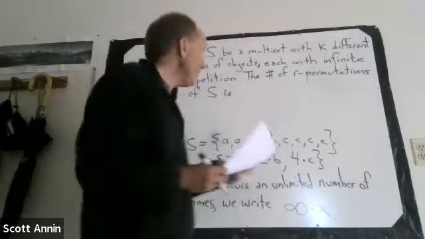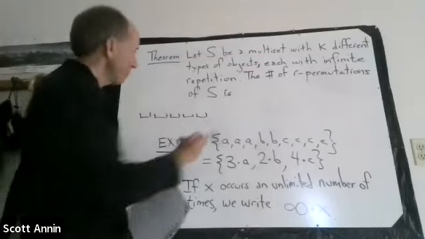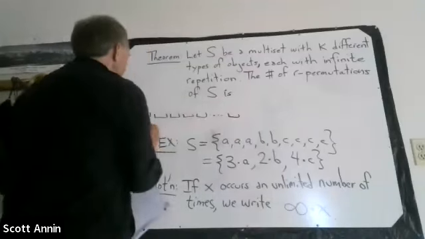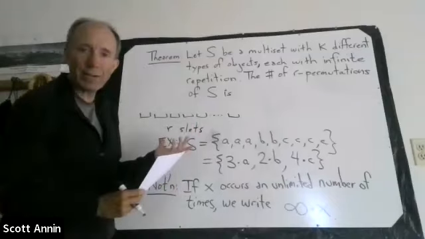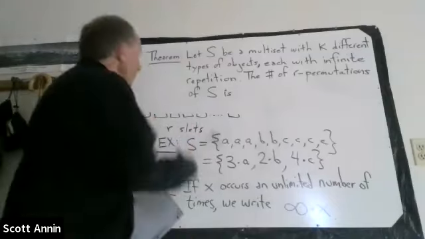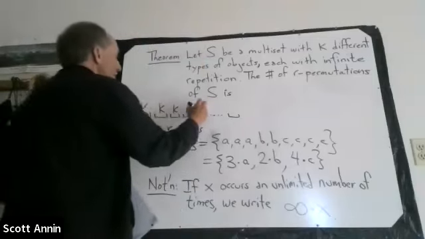That means in each of these R slots, these are my slots, imagine it goes on, there's R of them here. Well, I can put any one of my objects in each of those slots and I can repeat it again and again.